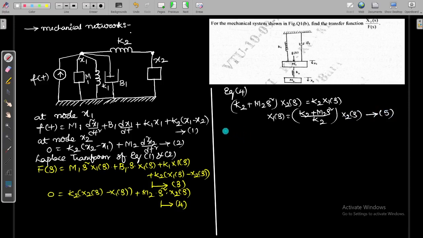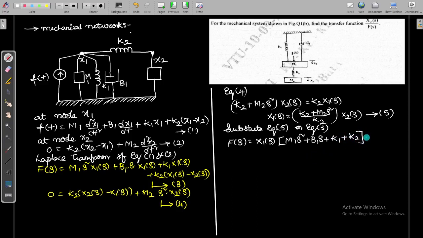So substitute equation 5 in equation 3. First we will separate F(s) is equal to the x1 terms: X1(s) into (m1 s square plus b1 s plus k1 plus k2), minus k2 into X2(s).